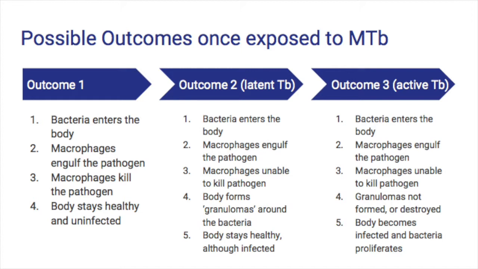So the body, to combat this, and we'll go into this deeper later in this presentation, will form a granuloma around the bacteria. Basically it'll just encapsulate and store it, so the bacteria cannot proliferate, and they just stay in this form in that granuloma. So again, the body will stay healthy, although still infected with the disease.